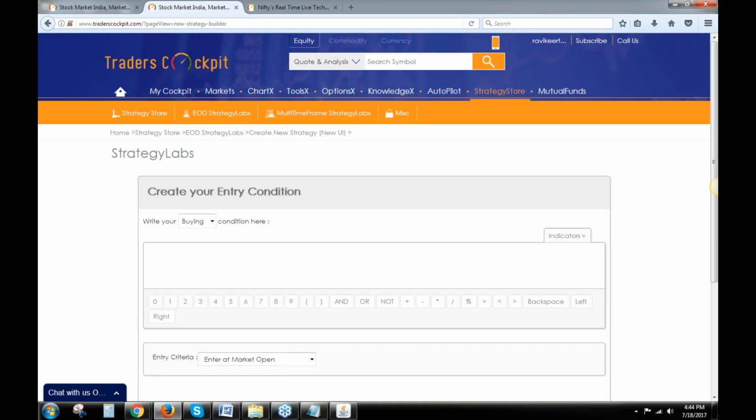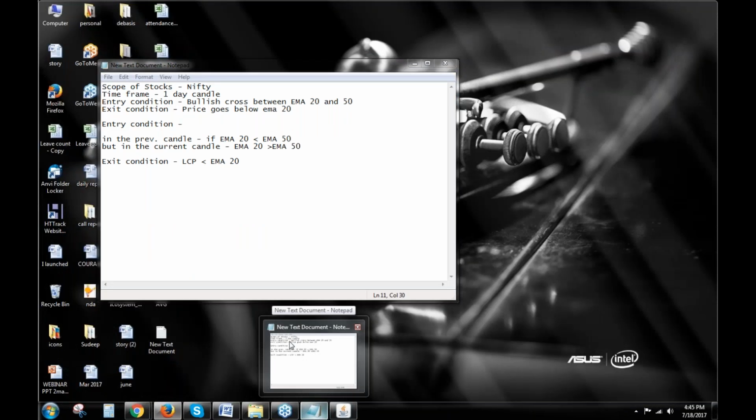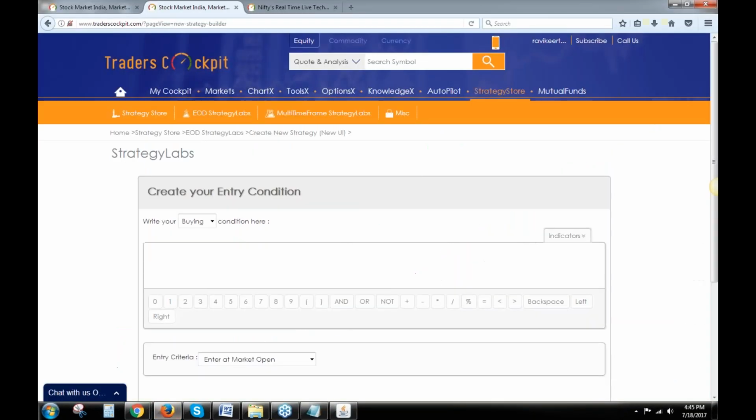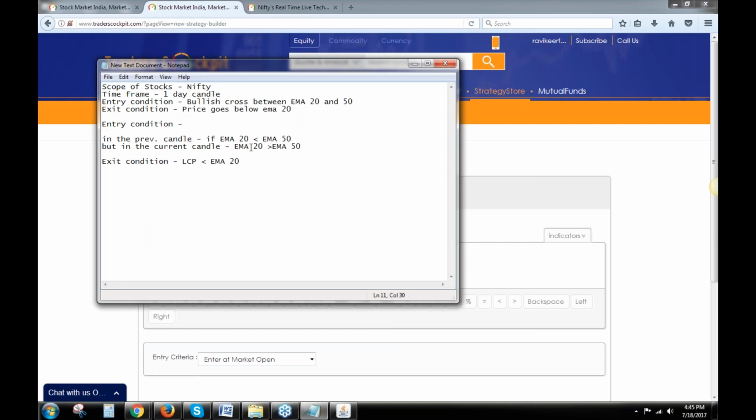Now in this case, I want the values of moving averages. Moving averages of which parameter? Moving average 20 and 50, right? So here I take EMA. If I come to this EMA, you'll get the EMA 50 value, and the EMA 20 value is also there. I want the values of EMA 20 and EMA 50 for the current candle and the last candle also.